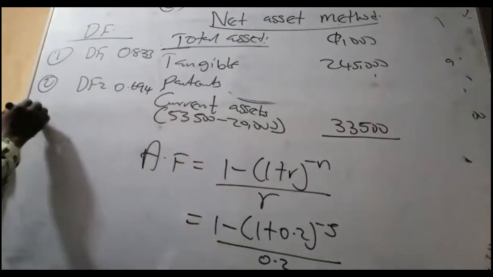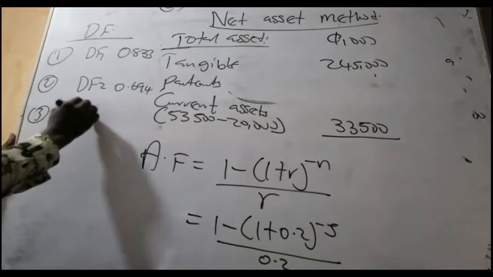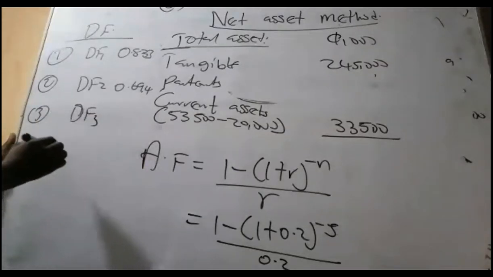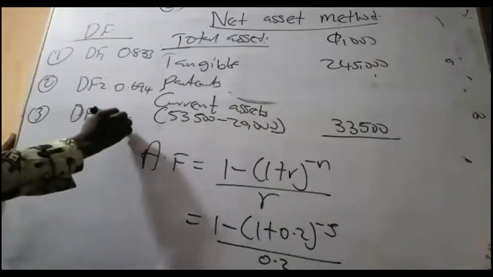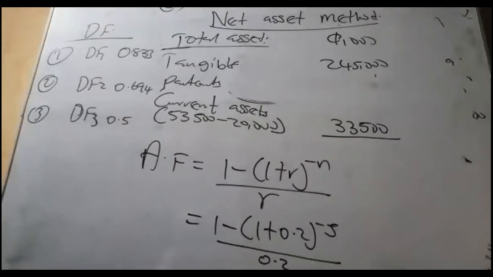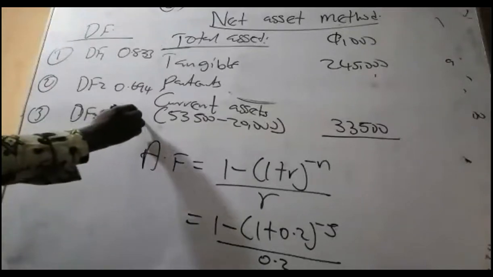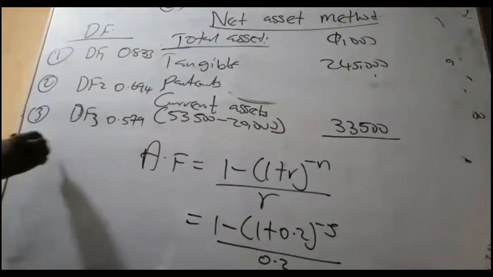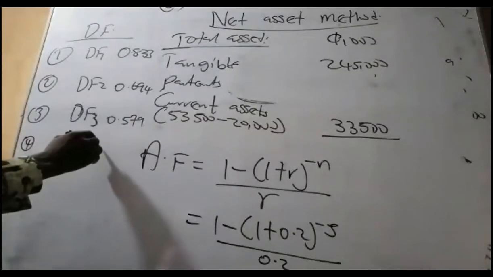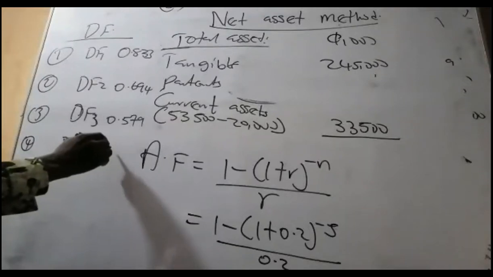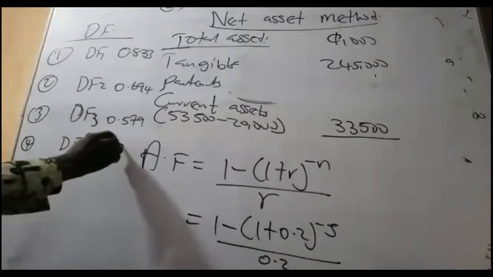0.694. Then discount factor for year 3 will give us 0.579. Then discount factor for year 4 will be 0.482.